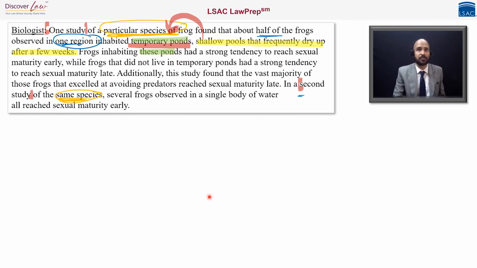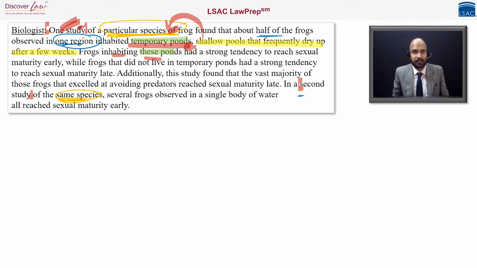The first result was that frogs that inhabit temporary ponds reach sexual maturity early. Frogs that do not live in temporary ponds reach sexual maturity late. One more finding from the first study was that frogs that avoid predators reach sexual maturity late. So the three conclusions that you have: sexual maturity early, late, and late.